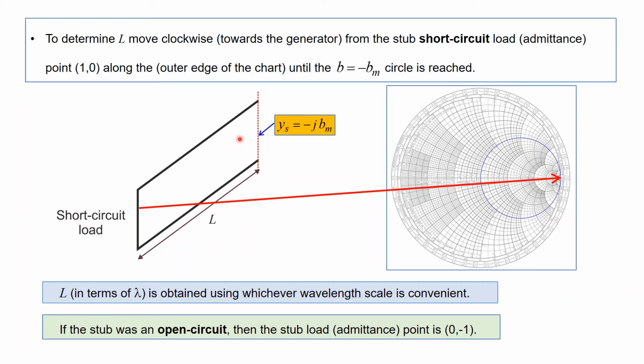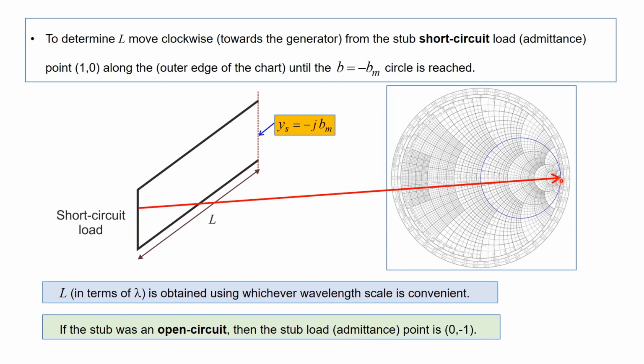Until then, we reach a susceptance which is equal to minus Bm. So for example, if Bm had a value of 1, then in terms of the short circuit stub design, we effectively move in the clockwise direction until we intersect the B equal to minus 1 circle. Now, of course, that's on the bottom half of the plane marked plus 1.